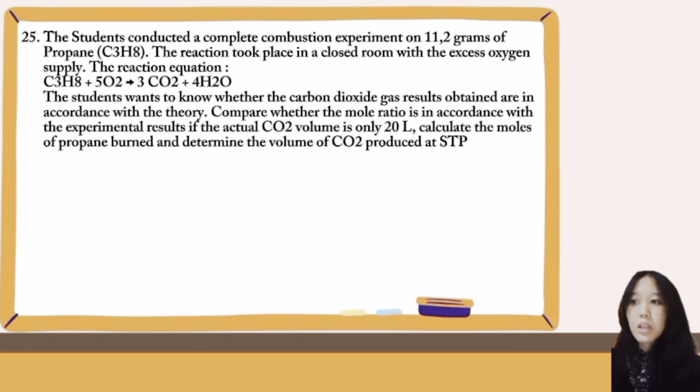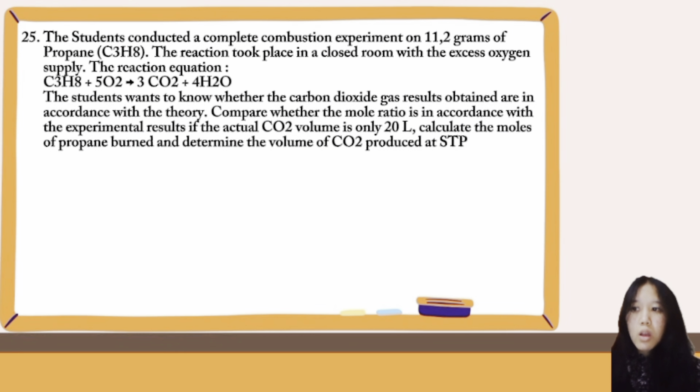Question. A student conducted a complete combustion experiment on 11.2 grams of propane. The reaction took place in a closed room with excess oxygen supply. The reaction equation is C3H8 + 5O2 → 3CO2 + 4H2O.